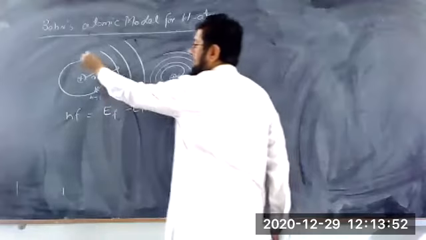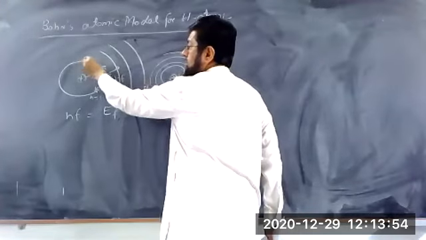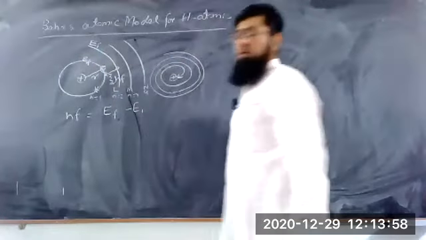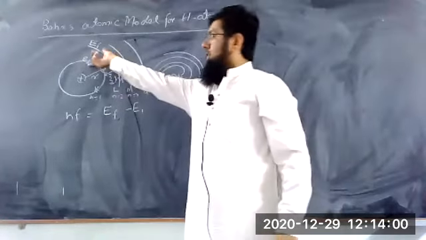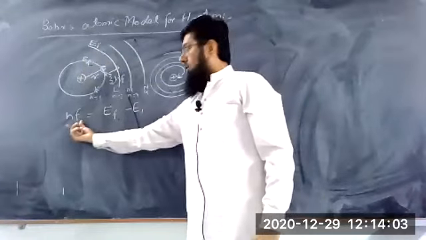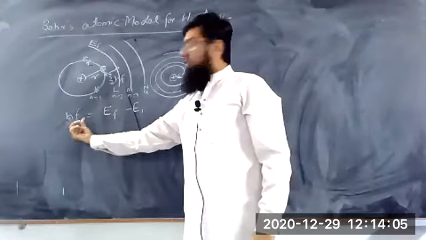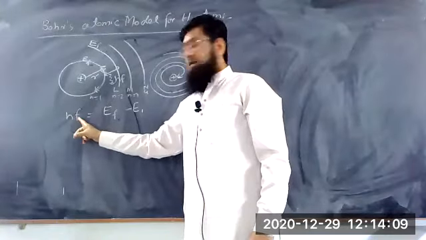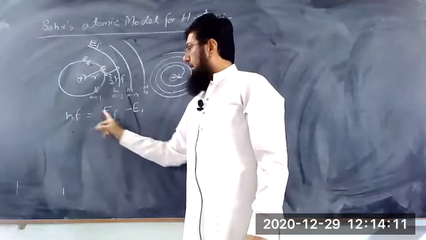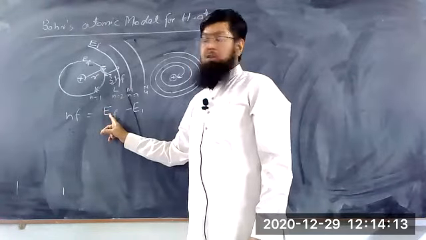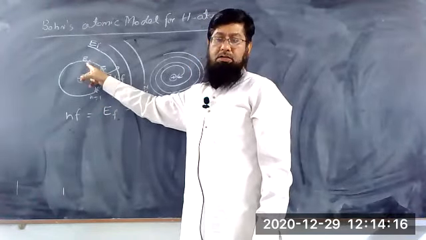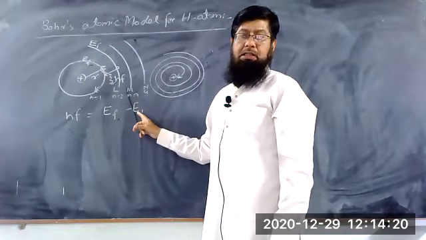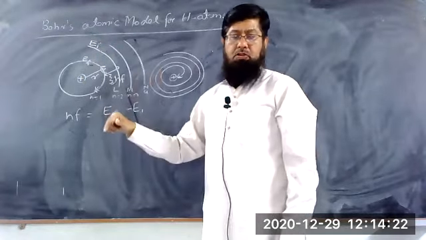If we say that this is the final level where the electron jumps, and this is the initial level where the electron is, then the difference of the energy states gives the energy of the photon. From this relation, h is Planck's constant, f is the frequency of the photon, Ef is the energy of the final level where the electron jumps, and Ei is the initial energy from where the electron jumps.